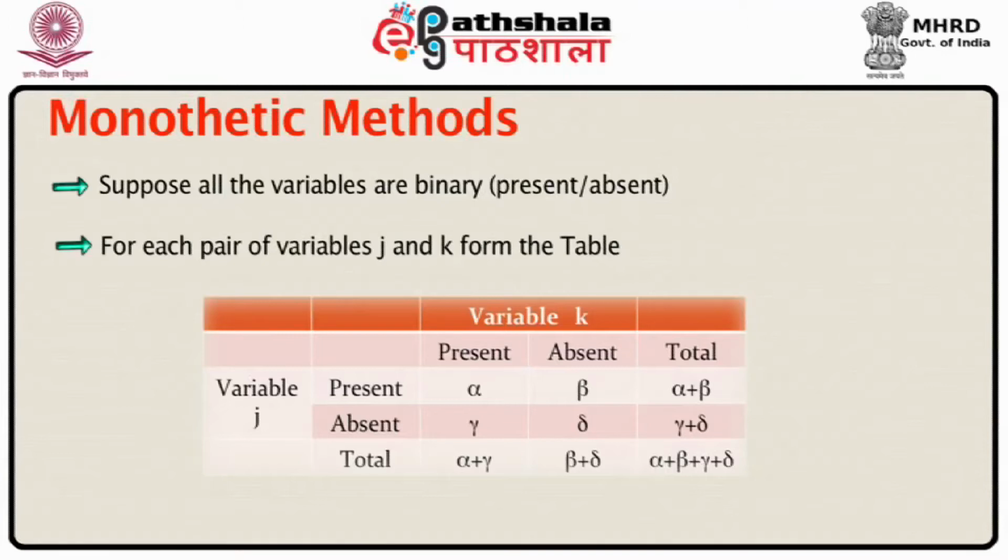So we have variable j and variable k out of the m variables, and then we look at this over the n individuals, and see in how many of these individuals variable j is present as well as variable k is present. That would give us alpha. If variable j is present and k is not present, then the number of such individuals is beta. Similarly, we can define gamma and delta and form a table like this.